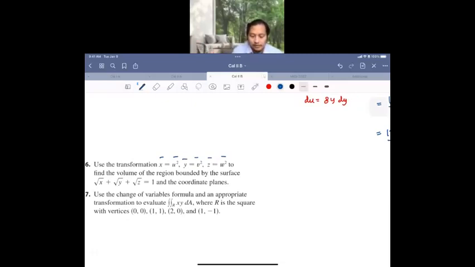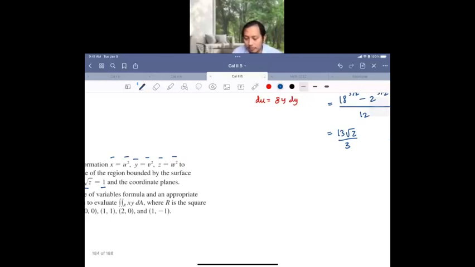Okay, now the surface square root of x plus square root of y plus square root of z equal 1. This will be the region, let's say the region E. But let's start with the Jacobian first.